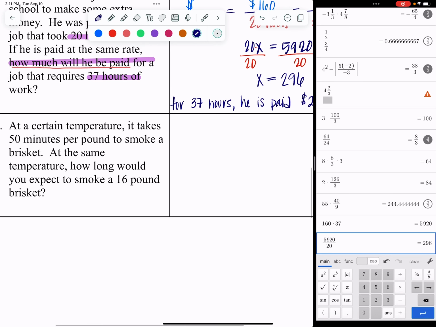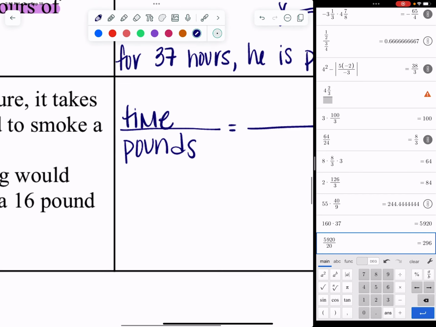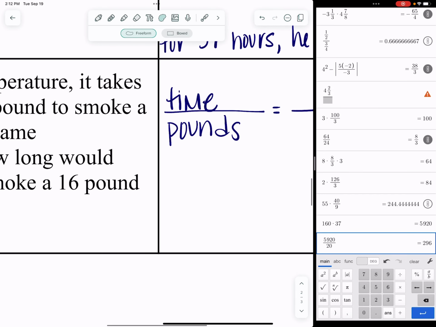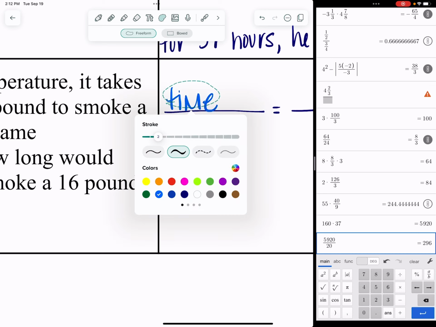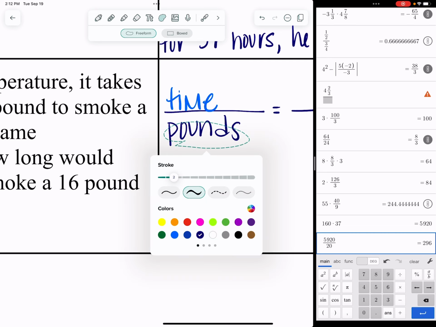We have two quantities. This time we have time and we have pounds. I'm going to set it up all the way across. I should have been consistent, so I'm going to fix my notation colors before I get a strongly worded email.